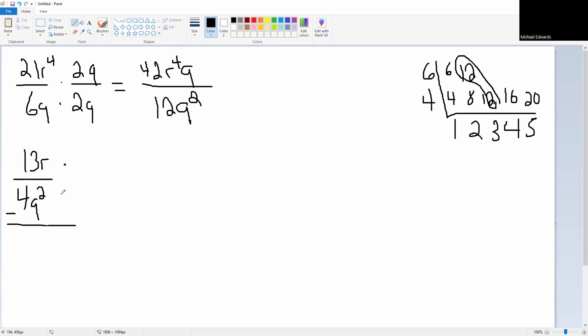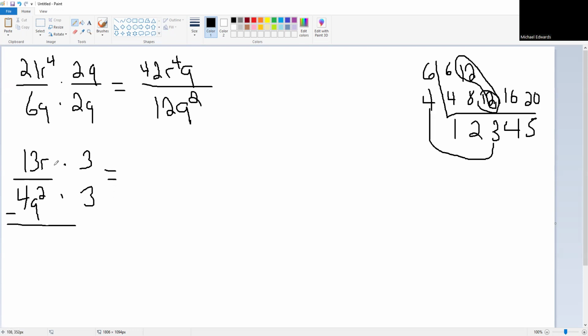Now this one, we're going to do the same thing on both sides. The 4, it was a 3, so 4 and 3 made 12. So this would be a 3, and this would be a 3. Now, why is it not q squared? Well, because we already have a q squared here. We don't need to add a q squared.